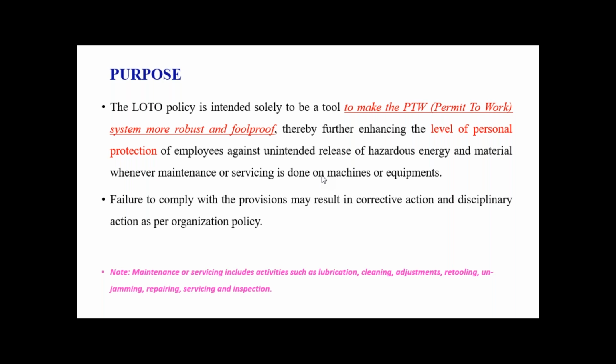So an oxygen-rich level is also dangerous, and an oxygen-deficient atmosphere is also dangerous. So this is one of the examples of a confined space where we need permit to work systems.